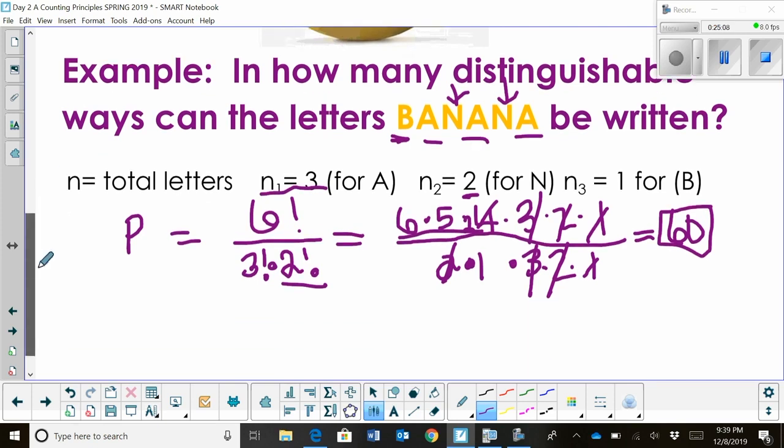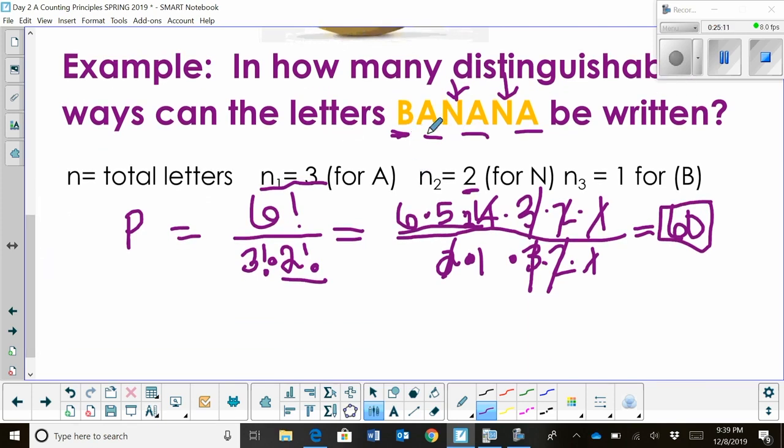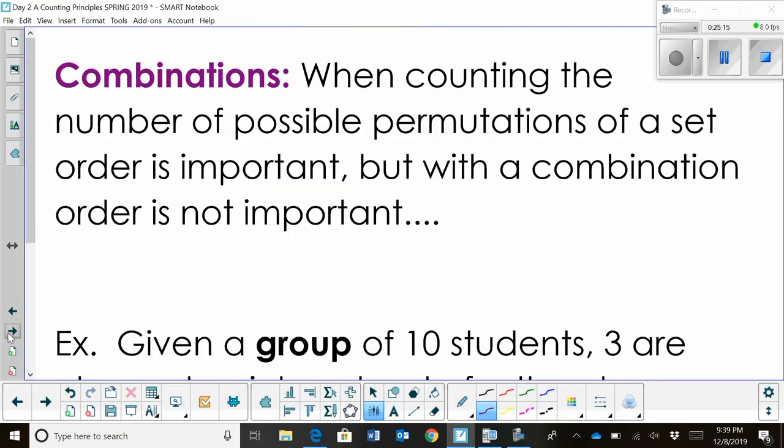So that one's a little bit different because we have to think about repeating choices in a pattern. Okay, so now we're on to the next topic. This one is combinations. So in probability, you have permutations and you have combinations as well as the counting principle. So we're looking at our third option, which is combinations. A permutation is when counting the number of possible arrangements in a set where order is important, but in a combination, the order is not important.